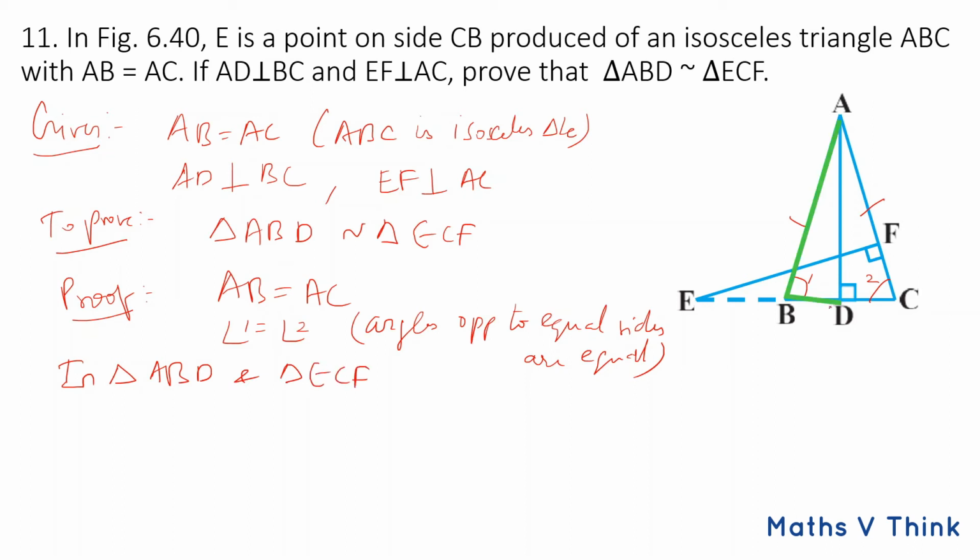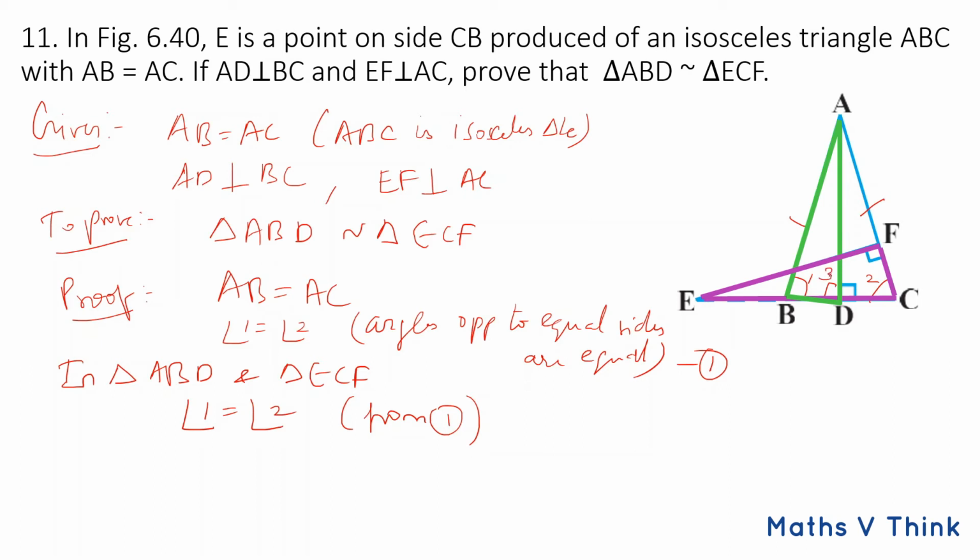So ABD and ECF, can I tell angle 1 of this triangle is equal to angle 2 of this triangle? So angle 1 is equal to angle 2, that is from 1. Now can I tell this angle of this triangle and same way this angle of this triangle are 90 degrees.